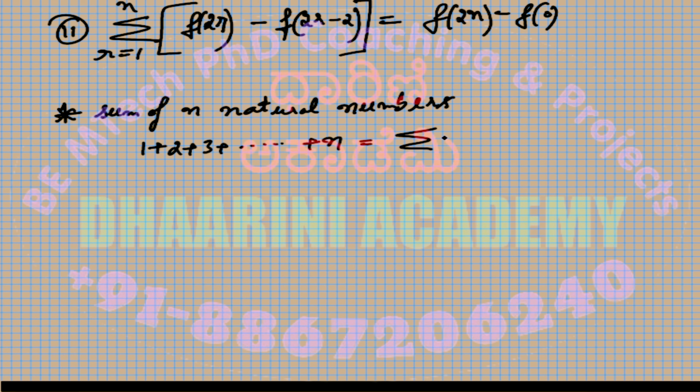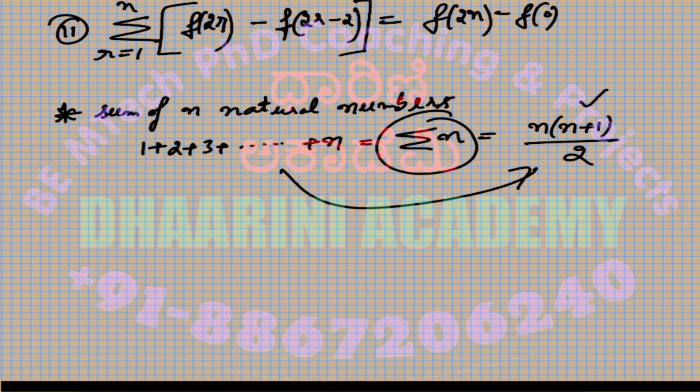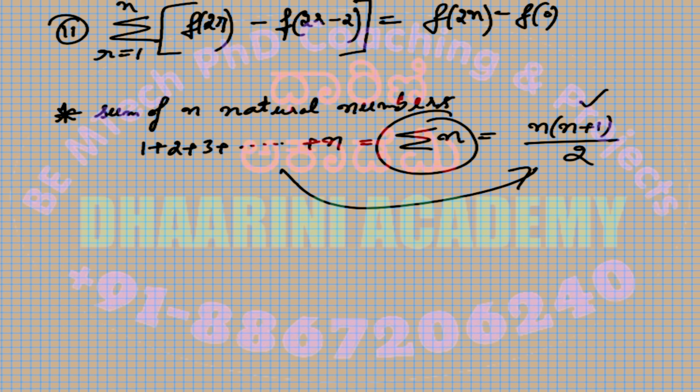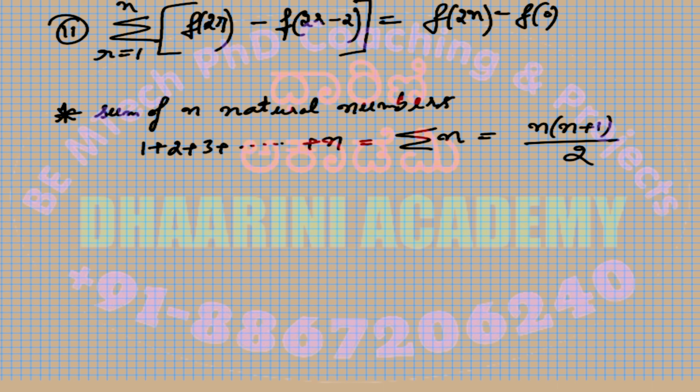This is nothing but summation of n. We already know that the sum of first n numbers is n into n plus 1 divided by 2. So this is the sigma notation and this is the answer which we know from arithmetic progression. You can directly write the summation n as n into n plus 1 by 2. So that is important. Whenever I see summation n, I should be able to recall this n into n plus 1 by 2.